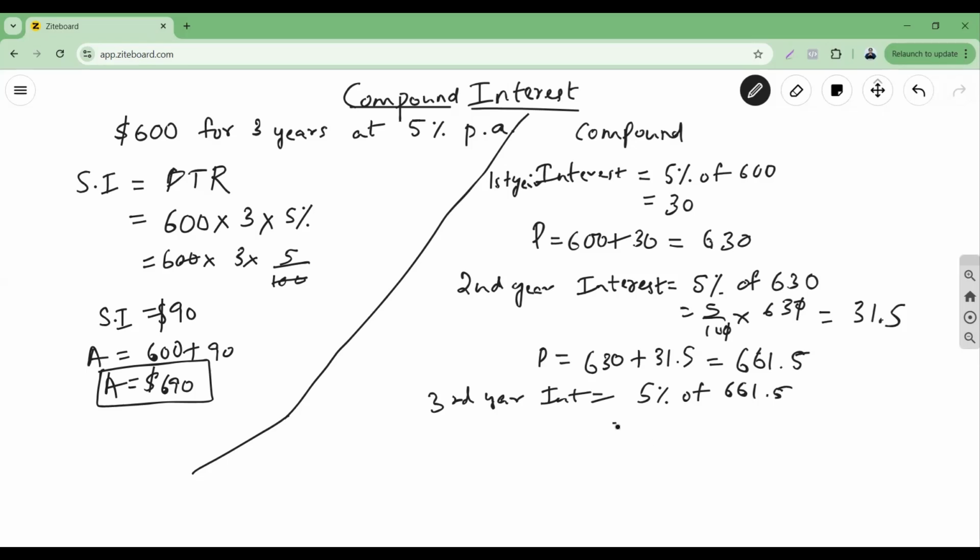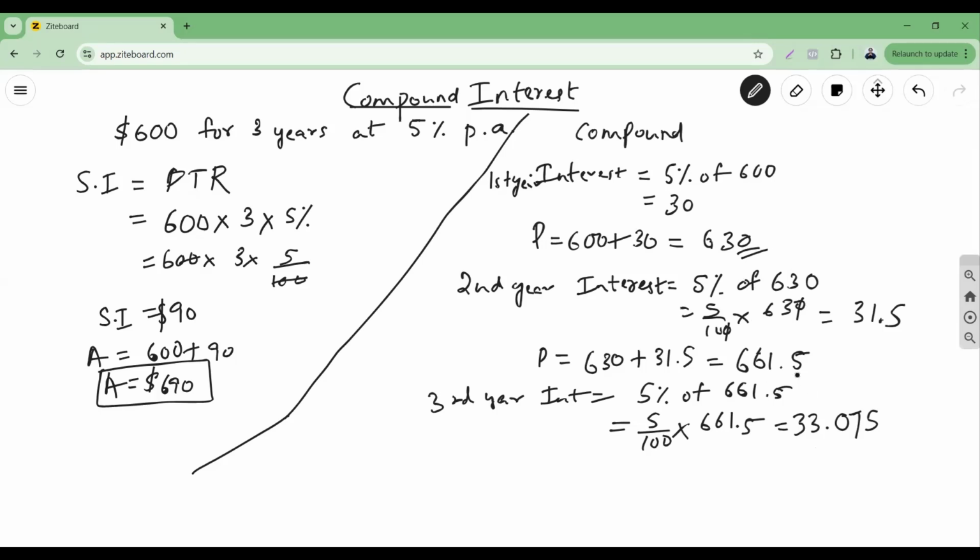If I go ahead and use the calculator, I get $33.075. So what you're seeing is that every year, at the end of the year, the principal is also increasing.